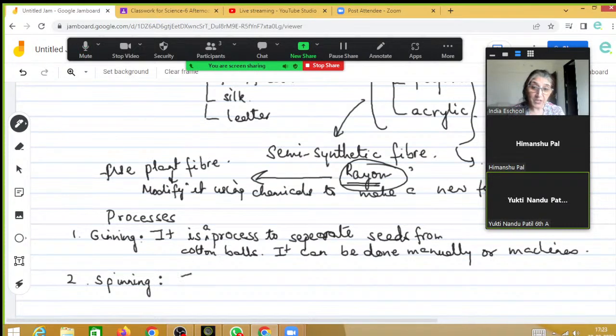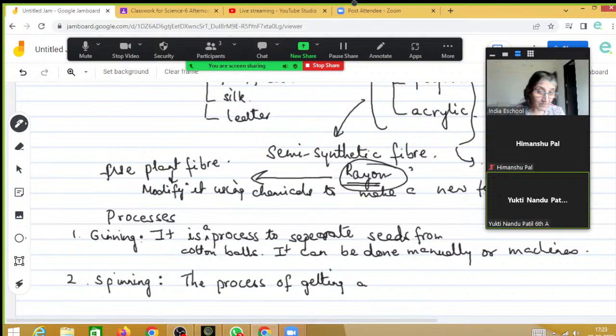So the process of getting a fiber from cotton is called spinning. Which cotton?